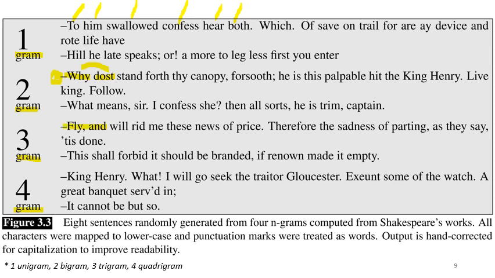And quadrigram means that you pick the fourth word based on the three words that appear before it. You might not be very familiar with Shakespeare's books, but you can see that when you increase the value of n, the sentences look more and more reasonable.